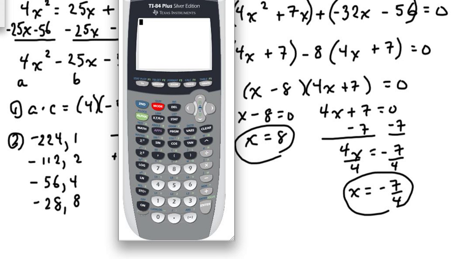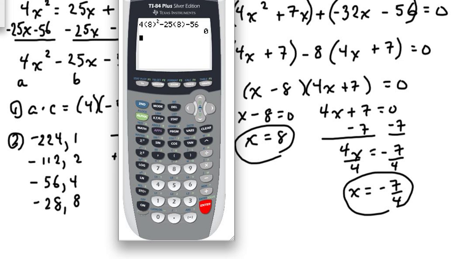So let's do that. So I'm going to write 4, then I'm going to put a parentheses, 8, close the parentheses, square that, minus 25, and in parentheses 8, what that means is multiplication, and minus 56, and if we get 0, that means our answer is correct, and we do get 0, so the 8 works out.